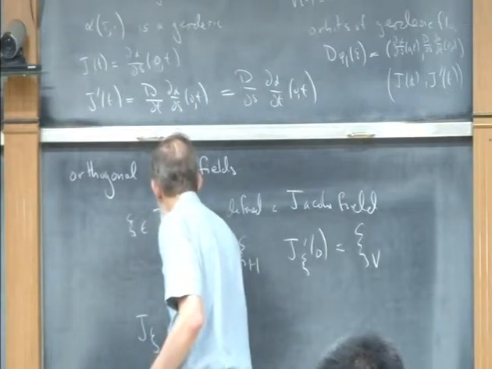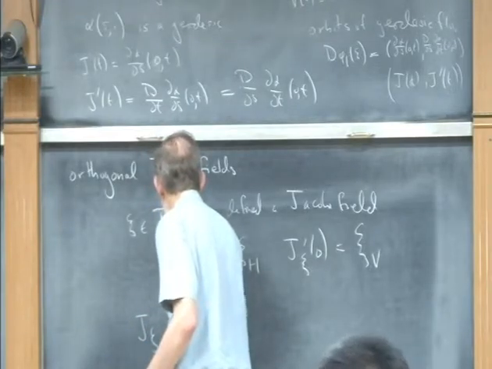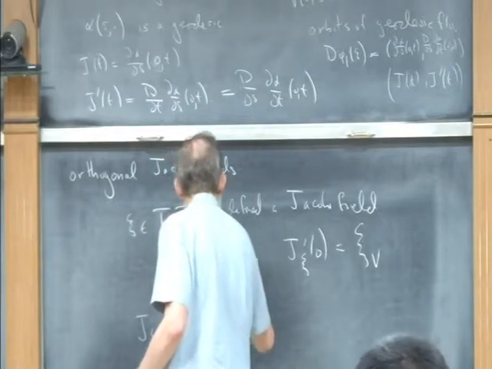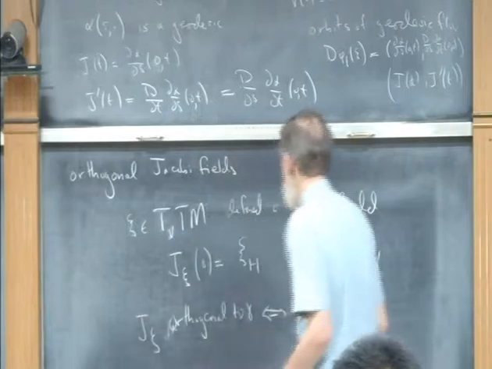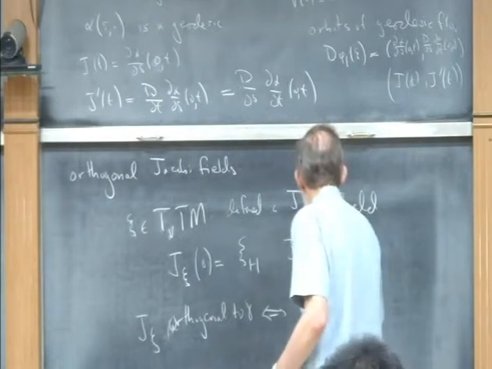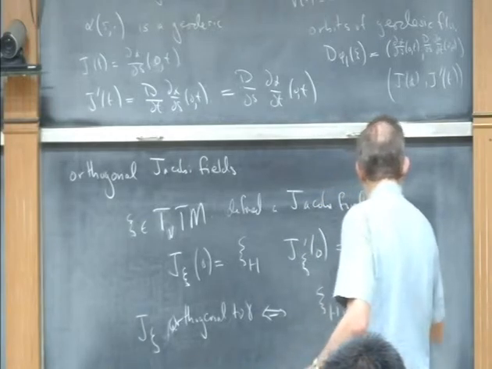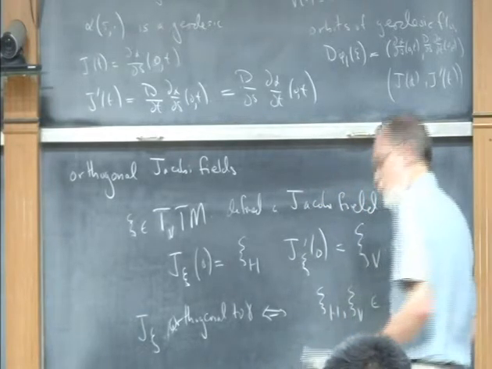J_xi being orthogonal to gamma is equivalent to both xi h and xi v being in v perp.